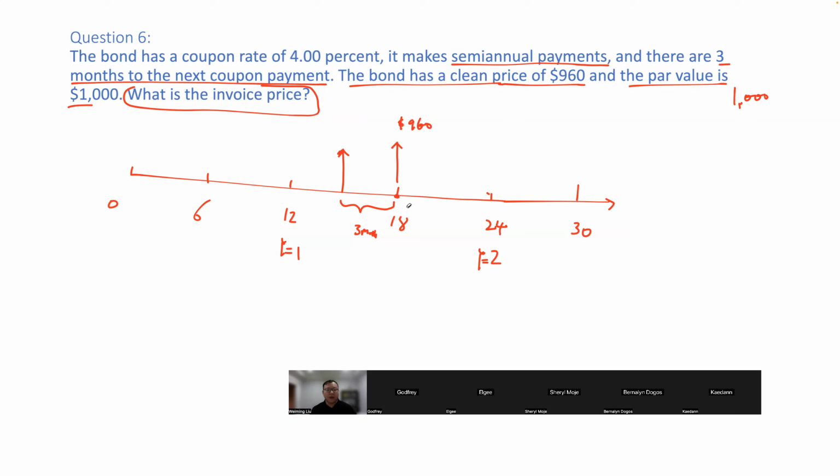Okay, so the next payment, when is the time for the next payment? The price is $960 here. Now there are 3 months to the payment.